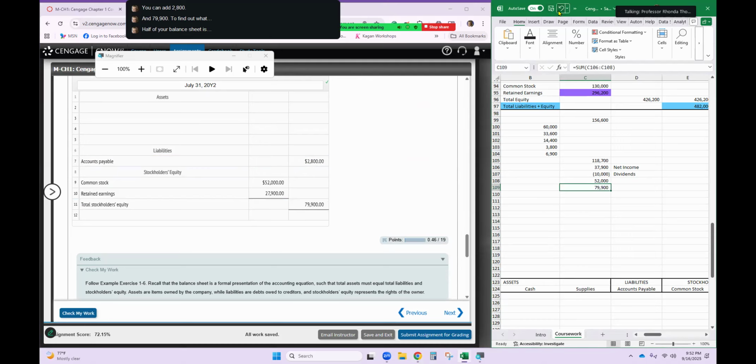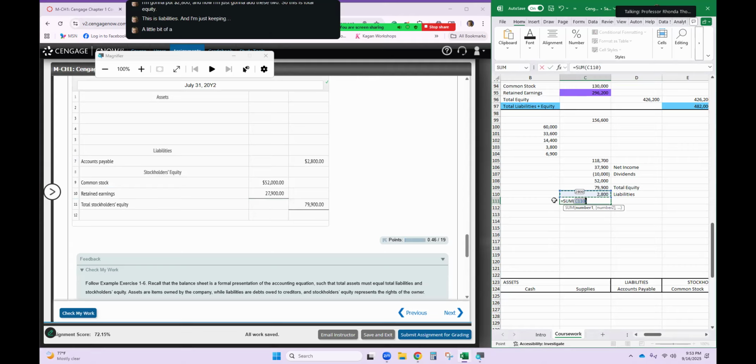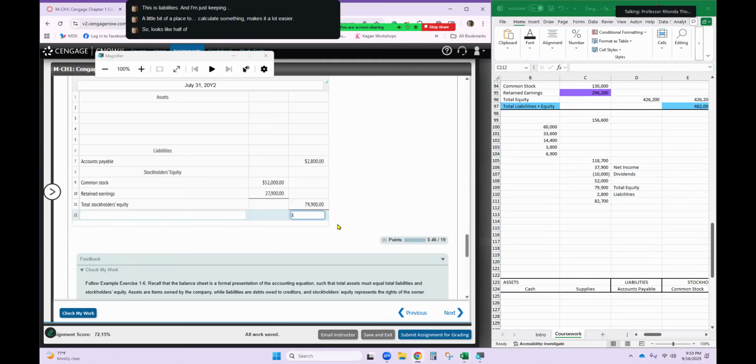So let me go back. I'm going to put 2,800 and now I'm just going to add these two. So this is total equity and this is liabilities. And I'm just keeping a little bit of a place to calculate something. Makes it a lot easier. So looks like half of our balance sheet is 82,700.